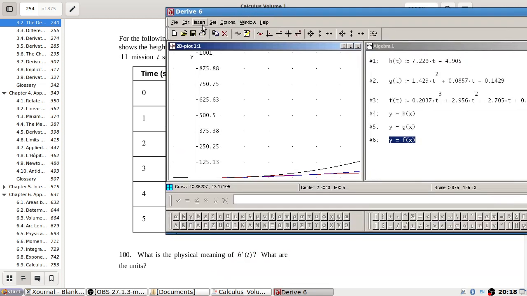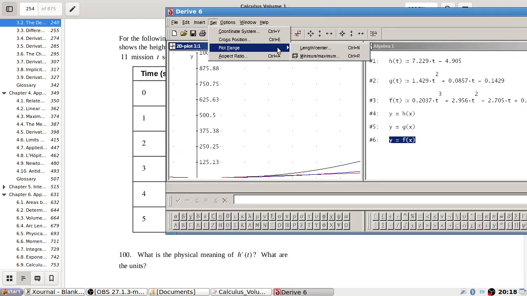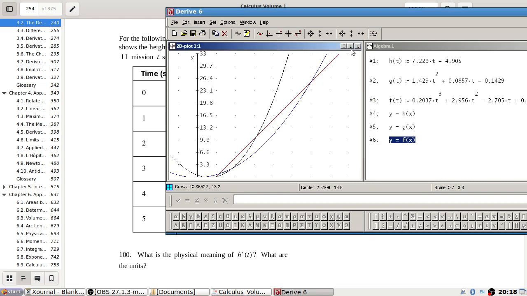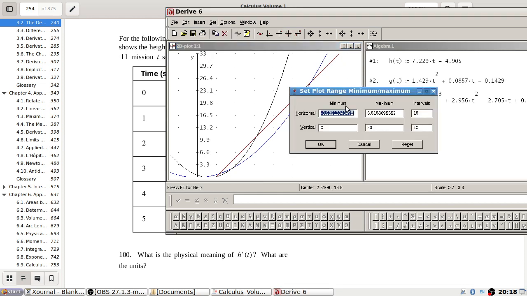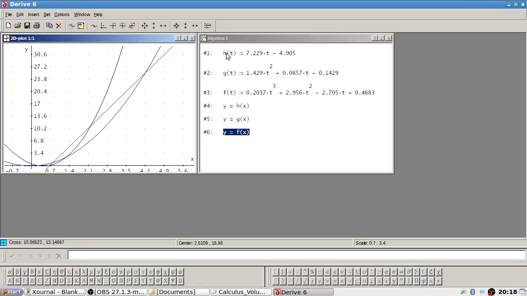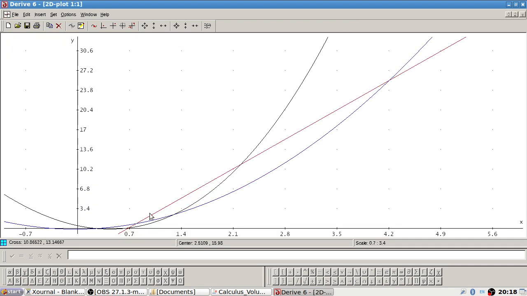Only 32. Okay, so yeah, they're pretty close. They're pretty close.